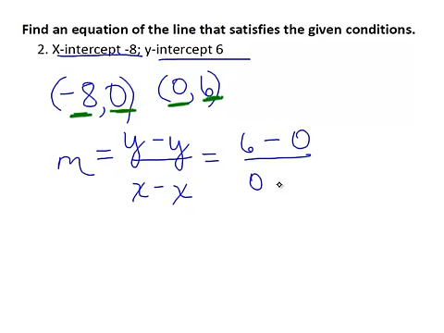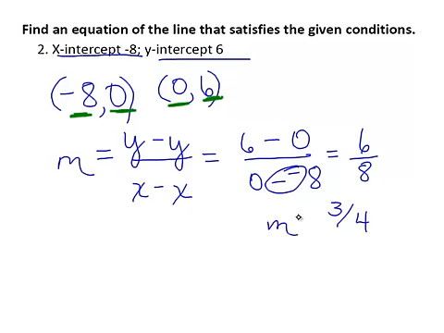So that's going to be 0 minus, and this other x is a negative 8, so be careful here because this minus a negative will become a positive. My answer will be 6 over 8, that is a positive 8, that will reduce to 3/4. So the slope of this line that goes through those 2 points is 3/4.